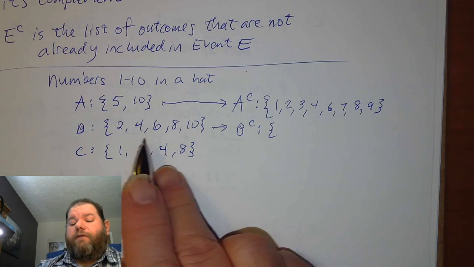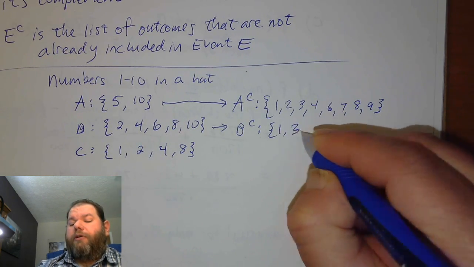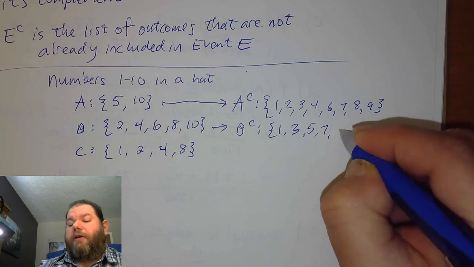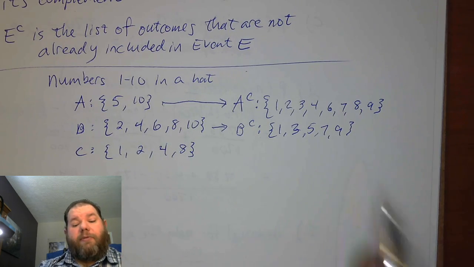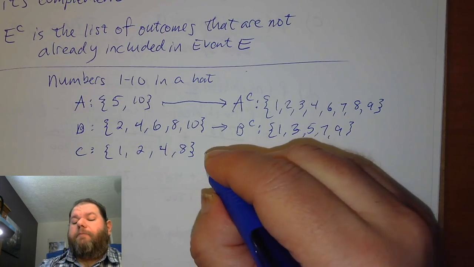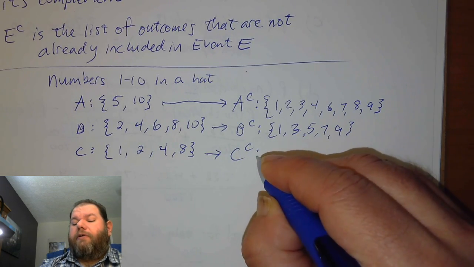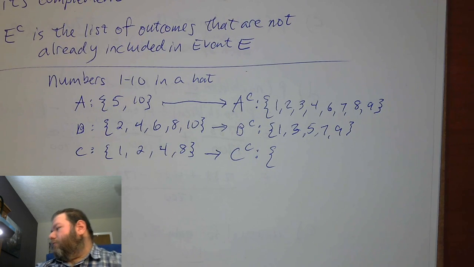We already have 2, 4, 6, 8, 10, so the complement would be 1, 3, 5, 7, and 9. Exactly, the odd numbers. If B is the even numbers, then the complement would be the odd numbers. And finally, for C complement, which numbers would be in this list?